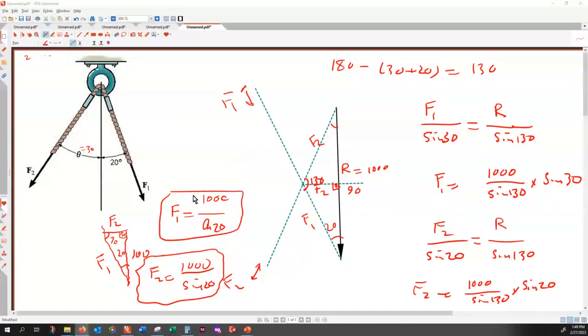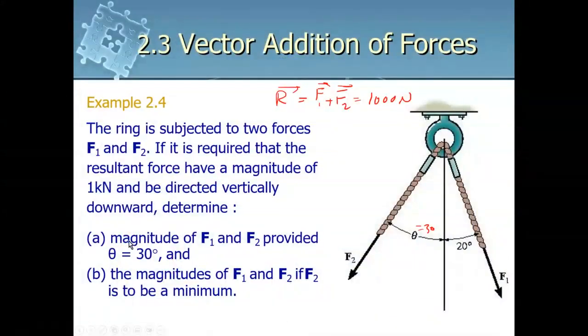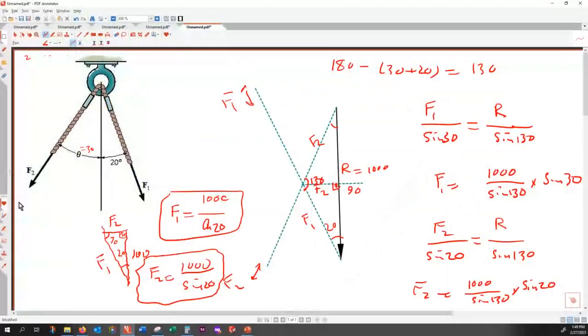Let me do that again. Look, the second part of the problem says, ignore what I told you. If we don't know theta, you know that theta can change. For what value of theta is F2 minimum? And all you have to do to answer this question, Nguyen, is look into your triangle.